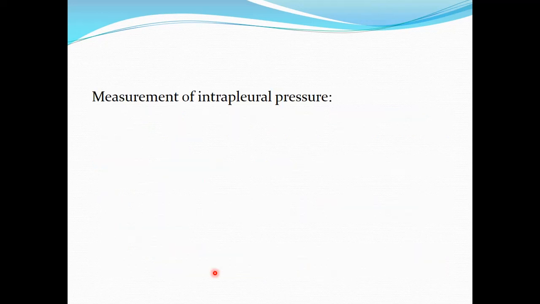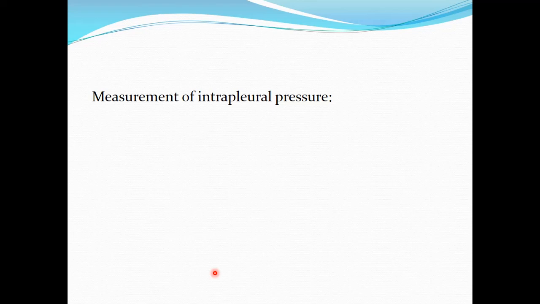Now coming to the measurement of the intrapleural pressure. There are two ways by which it can be measured: the direct method and the indirect method. The intrapleural pressure can be measured directly by inserting a needle into the pleural space and connecting it with a manometer.